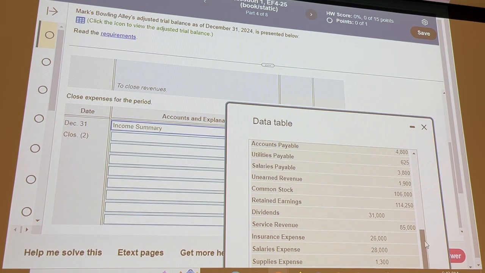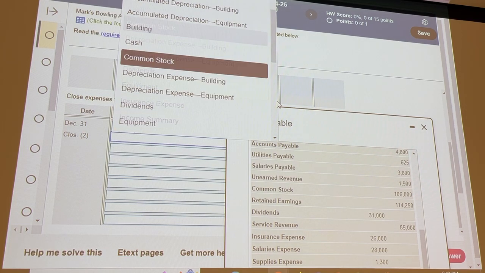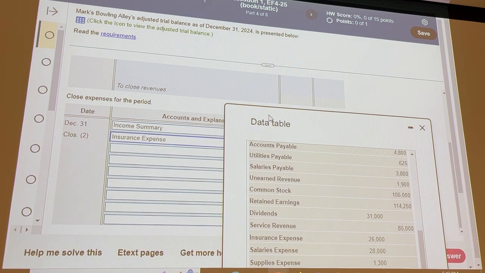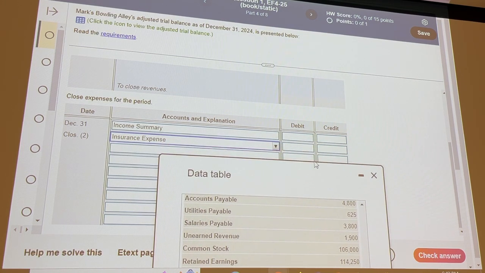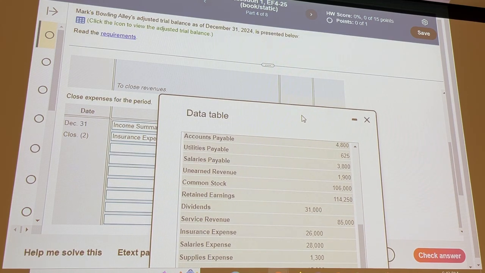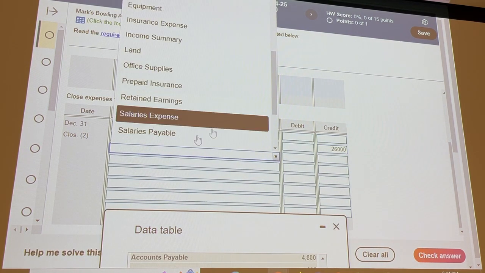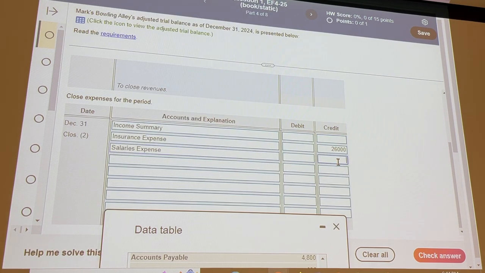So for our credits, we go down to where the expense accounts are. And the first one that's listed is insurance expense. And to zero that out, we would have to enter a credit of 26,000. And next one would be salaries expense. Credit of 28,000.